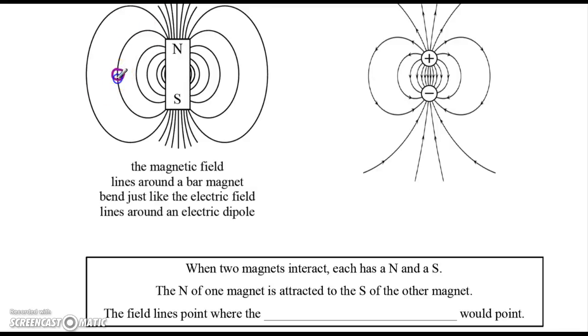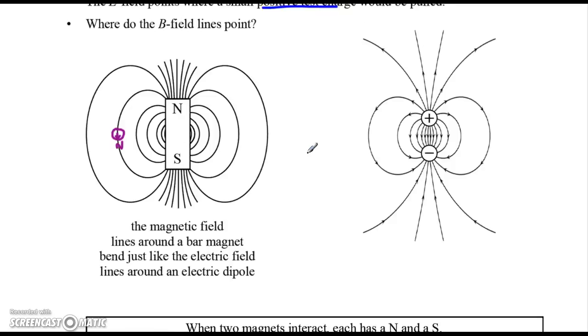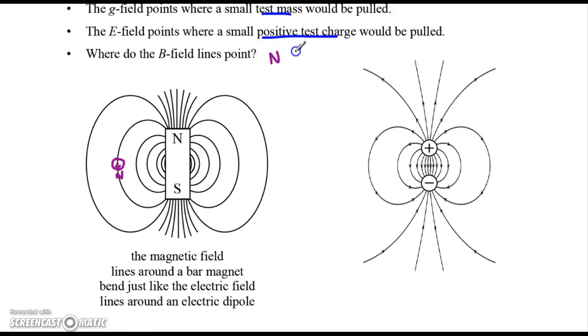North would point towards south. The north pole of the compass would point toward the south pole of the magnet, because north is attracted to south. So let's write down: north is attracted to south. North and south attract, just like positive and negative.